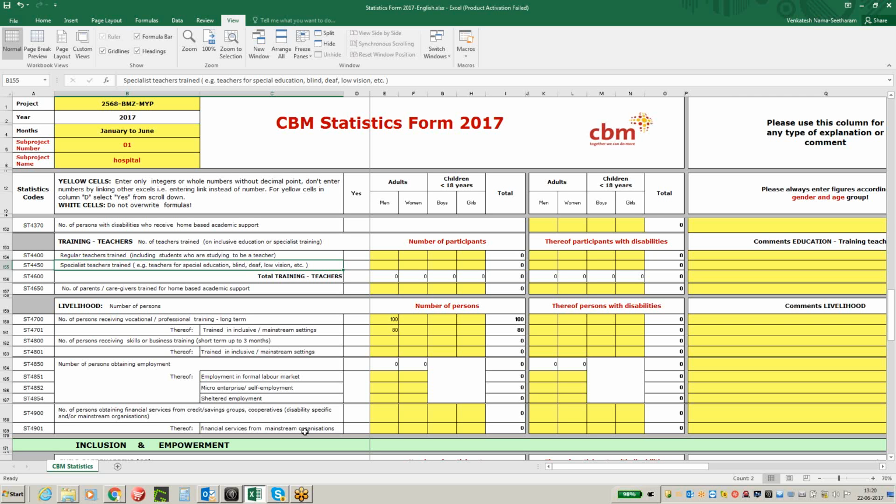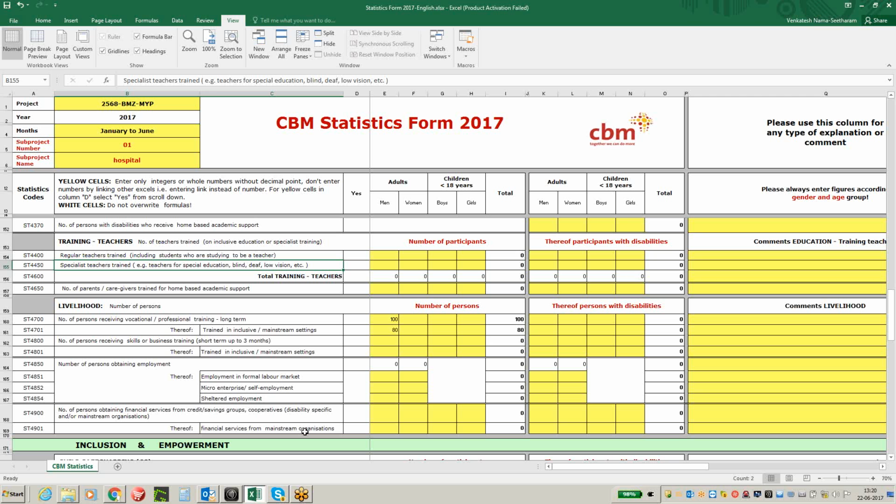I mean, the partner may have a program, because the partner is working on disability, among the hearing impaired, then they have a program every month to train the other staff on sign language. Okay. Now, if that is happening, where will the partner report on these staff who are being trained, in order to ensure that as far as they're working on disabilities, they are able to have skills on sign language? Okay.